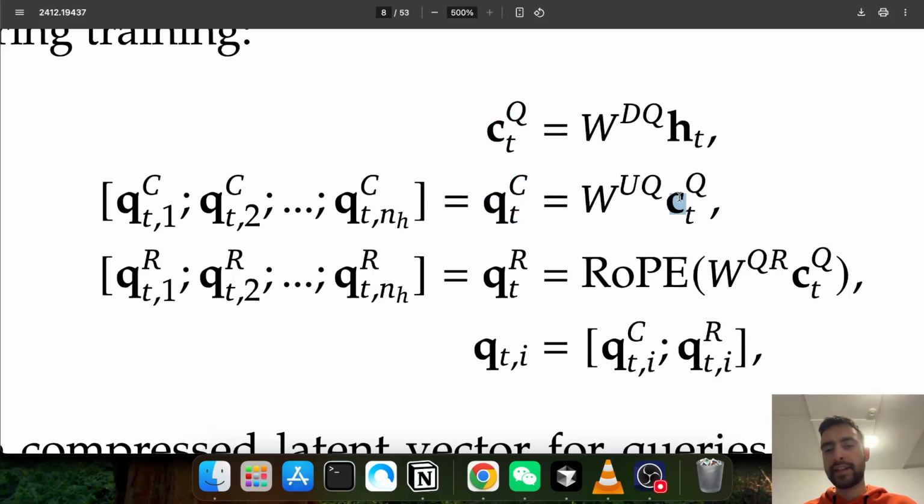Then you take this latent matrix and multiply it with this up query matrix to convert this smaller latent matrix into this bigger query matrix. This is going to be one big query matrix or query vector. I'm pretty sure it's going to be a vector for this token.